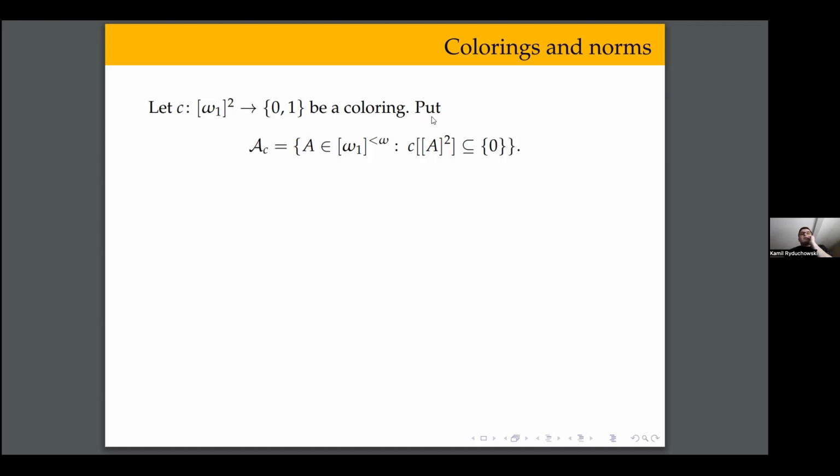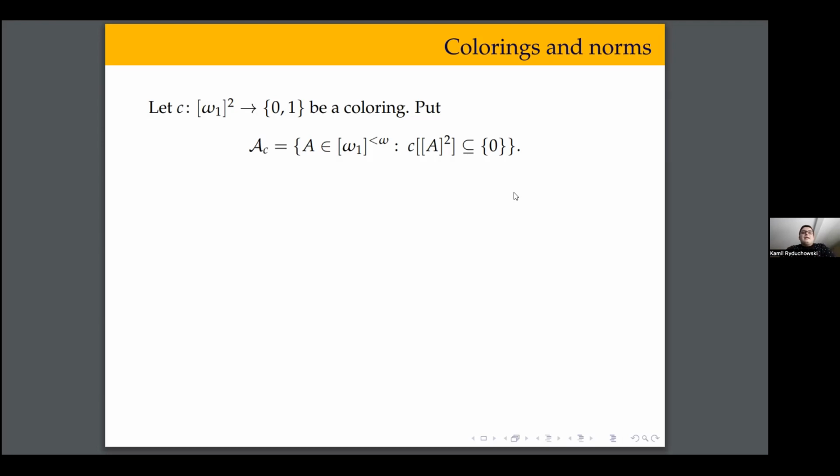And we consider the family, denoted by A_C, of all finite subsets of omega 1 which are 0 monochromatic, meaning that every edge between elements of A got color 0. So it's the family of those finite subsets of omega 1 such that they form a clique in this complete graph that is 0 monochromatic.